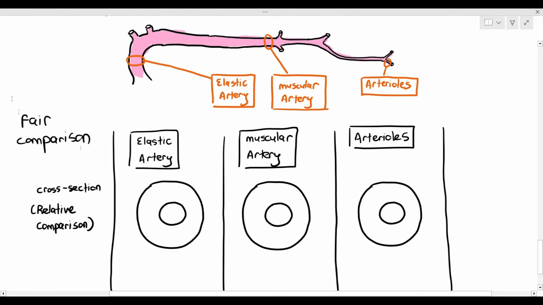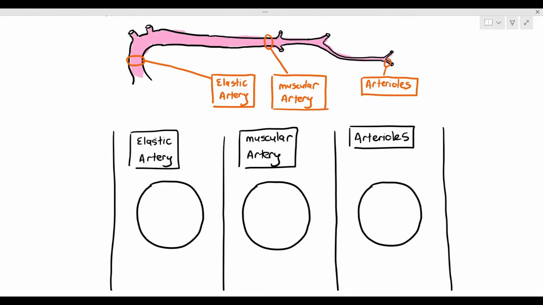By doing so, we can have a fair comparison of the elastic artery, muscular artery, and arterioles. That's the main reason. But remember, in reality, elastic artery is the largest, muscular artery is slightly smaller, and arterioles are the smallest.